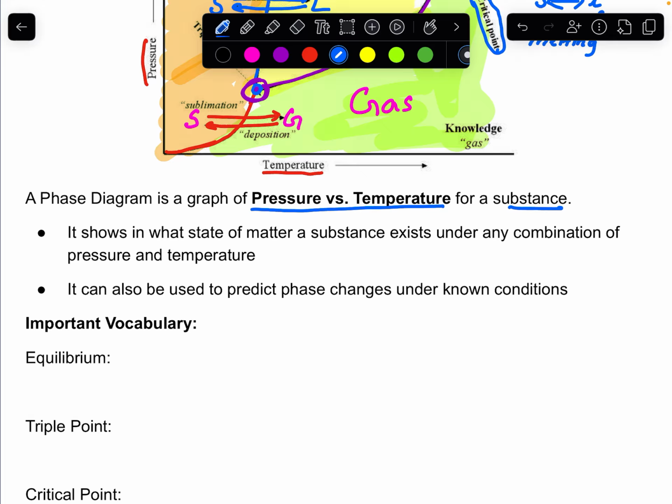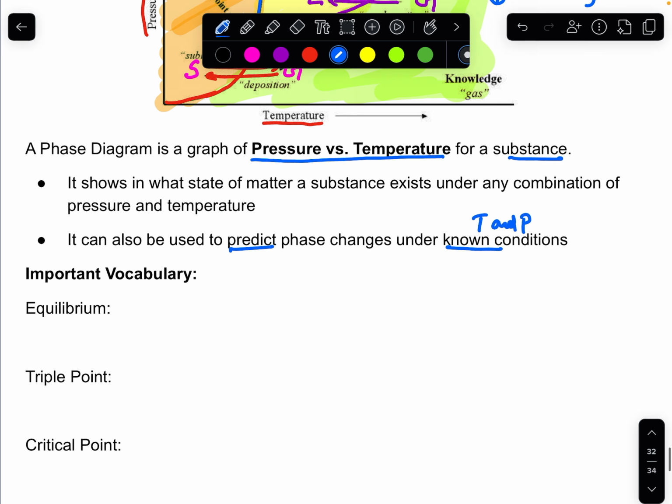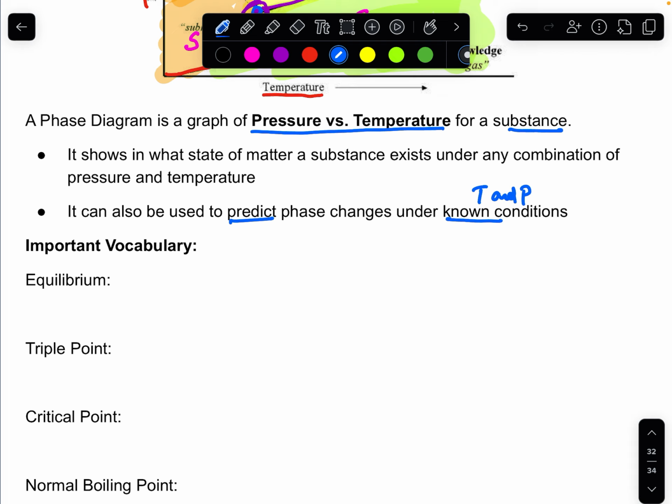It can also be used to predict the phase under known conditions. If we know the temperature and pressure of a particular substance, we can predict whether it is a liquid, solid or gas.